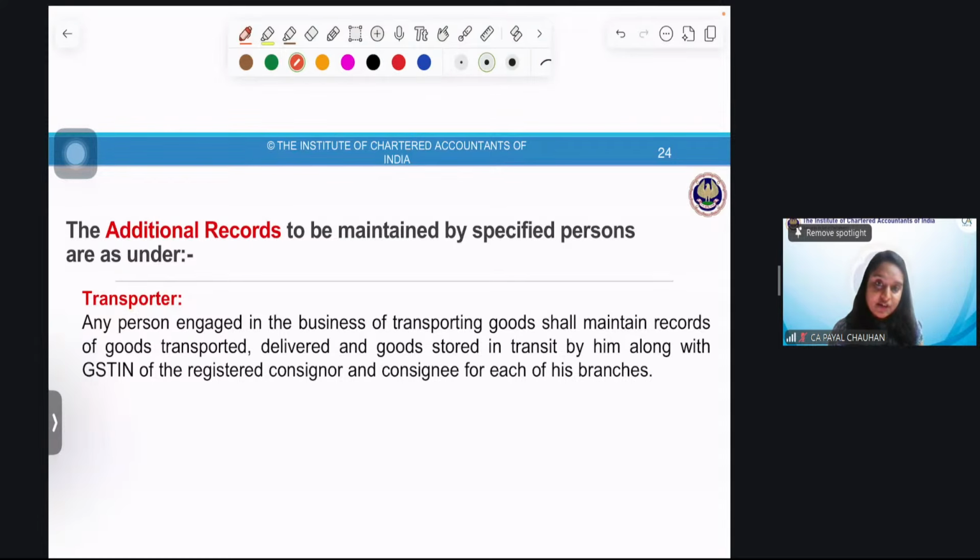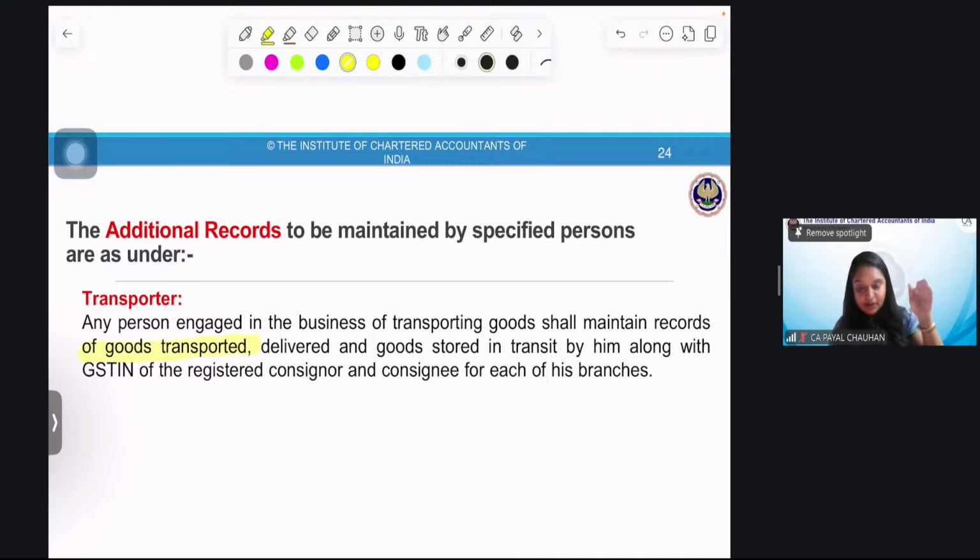If I'm registered, I'll have a GSTN, but I'm not registered. Yes, I'll have an enrollment ID. Perfect, beta. Perfect.